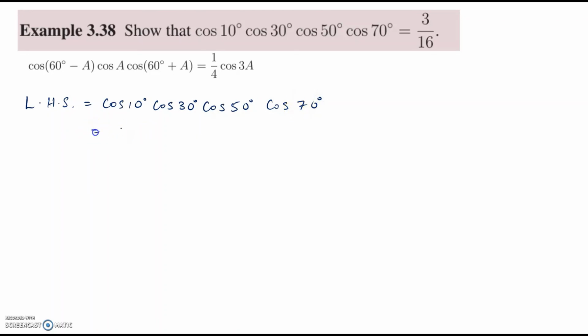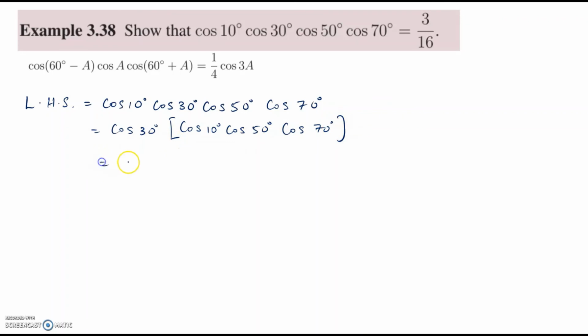Let's take the cos 30 degrees separately, and rewrite this as cos 10 degrees, cos 50 degrees, and cos 70 degrees.